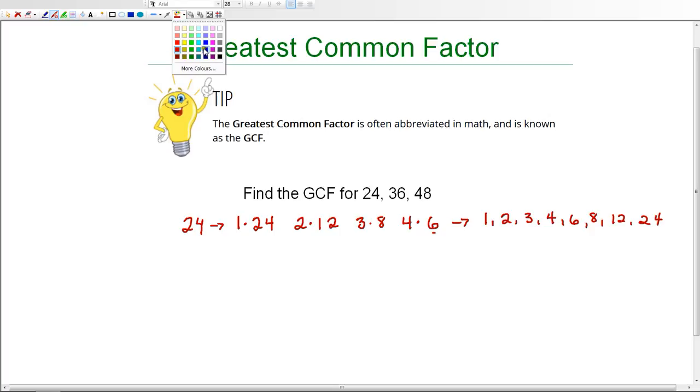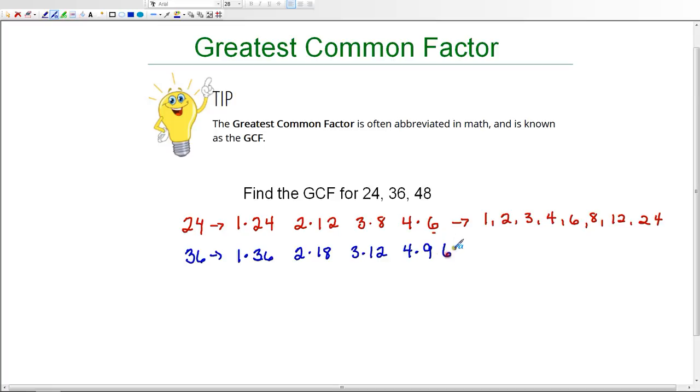So my next job then is to find all the factors for 36. So I'm going to start with 1, and 1 times 36 is 36. Then we're going to move on to 2, and 2 times 18 is 36. 3 times 12 is 36. 4 times 9 is 36. 36 is not divisible by 5.